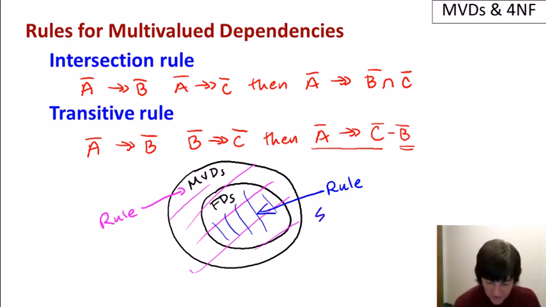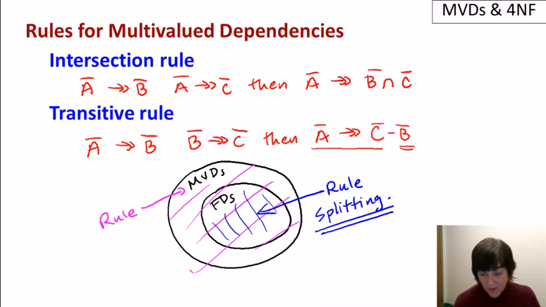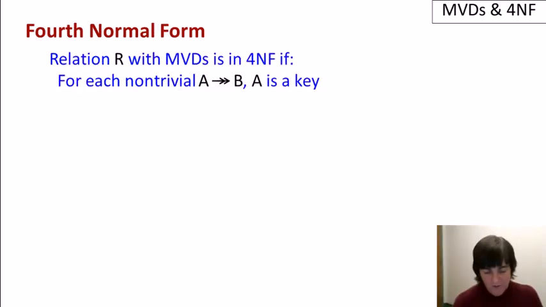So one example of such a rule is the splitting rule. The splitting rule is a rule that applies to functional dependencies but does not always apply to multi-valued dependencies. And again, you could work an example to convince yourself of that fact. So after all of that setup of multi-valued dependencies, we're finally ready to talk about fourth normal form. The definition of fourth normal form looks very similar to the one for Boyce-Codd normal form.